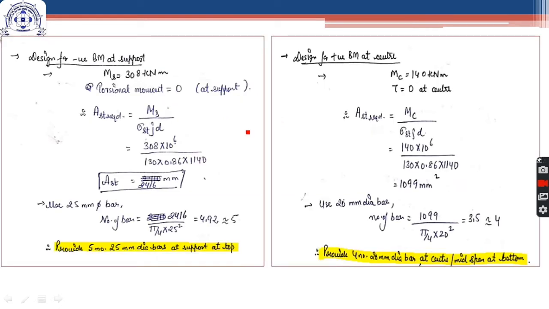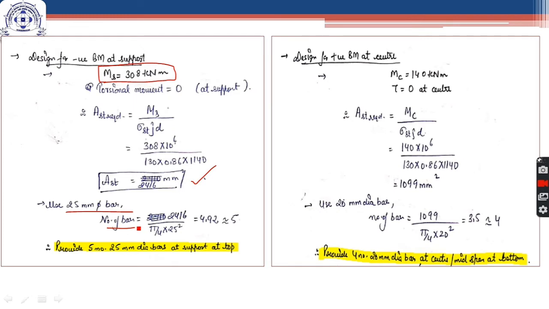Now we do what we have done in the previous members also. Design for negative bending moment at support. The negative bending moment at support was coming out to be 308, and the torsional moment is 0, so the reinforcement required is calculated by the formula M upon sigma st j d, and we get Ast as this value. So using 25 mm dia bars, we calculate the number of bars.